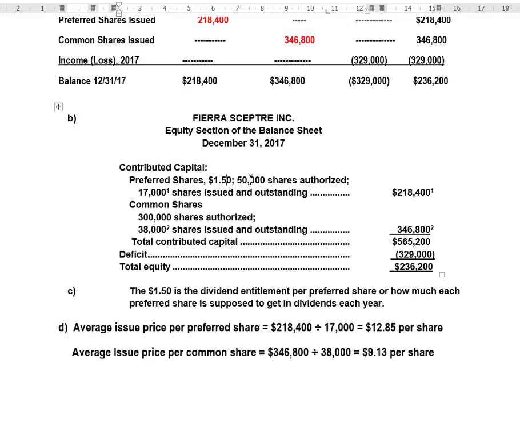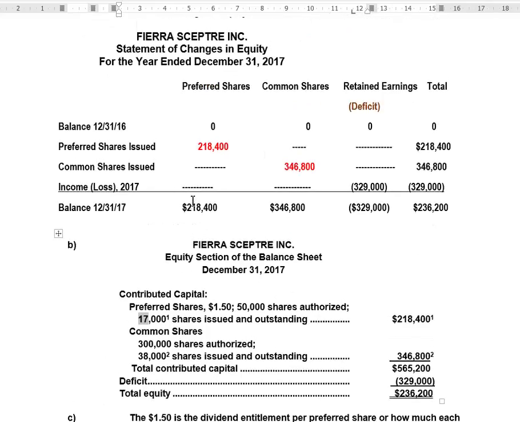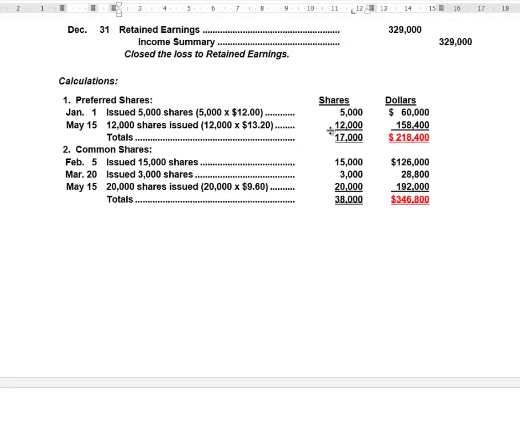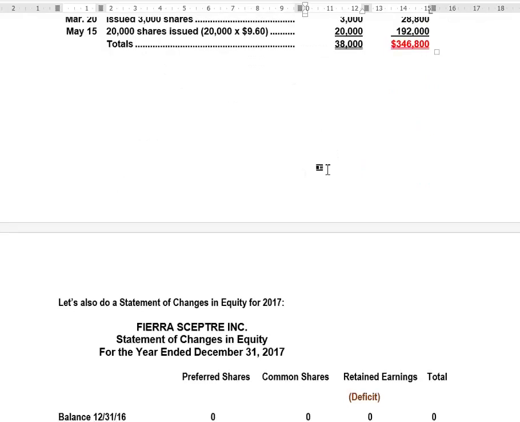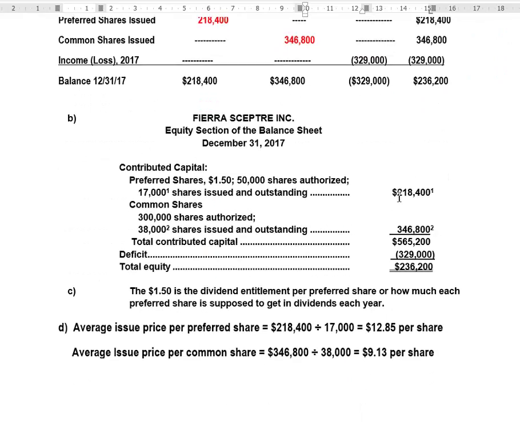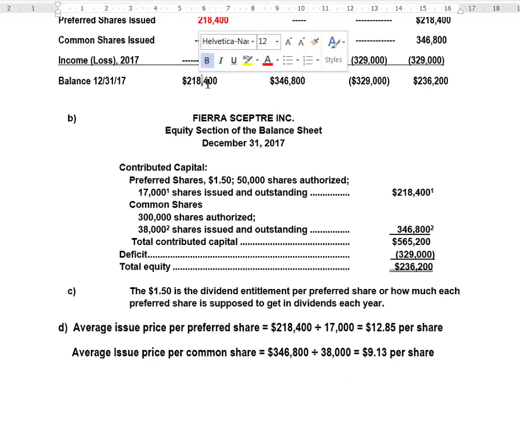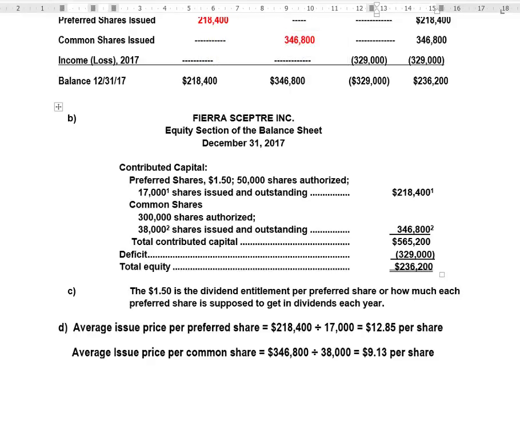The number of shares we are authorized to issue, which in this case is limited to 50,000 for our preferreds, and the fact that we issued 17,000, which we got from our tracking up here, right? Now we take our equity again from the statement of changes in equity, so we have 218,400. We also see from our common shares we are authorized to issue $300,000.